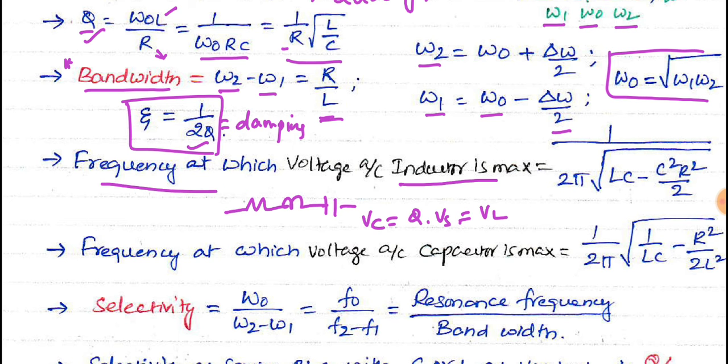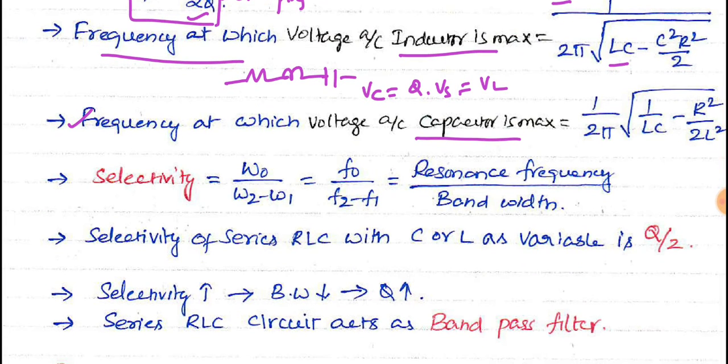But we need to find the frequency at which the voltage across the inductor is maximum. Then you have to remember this formula: 1 by 2 pi square root of LC minus C square R square by 2. Similarly, for the capacitor, 1 by 2 pi square root of LC minus R square by 2L square.